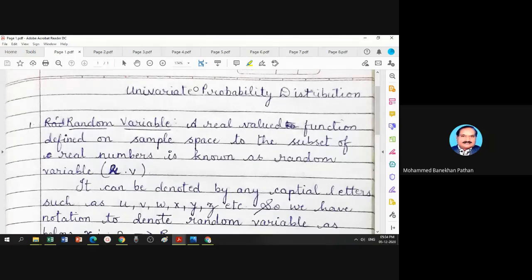Before going ahead, I will explain the concept of univariate. If I split the word univariate, the meaning is one variable. Uni means one. So the study of probability with the help of one variable may be considered as univariate probability distribution.